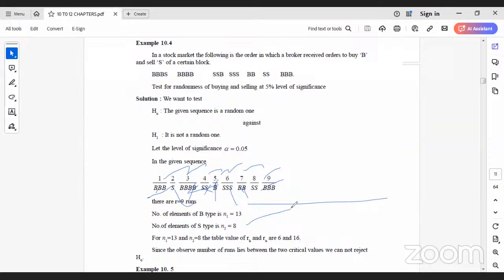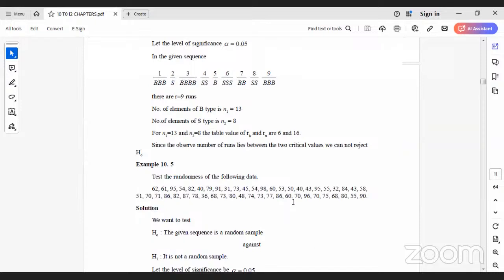From the table, with n1 equal to 13 and n2 equal to 8, the critical values of R are 6 and 16. Since the number of runs lies between the critical values, we do not reject H0 here.